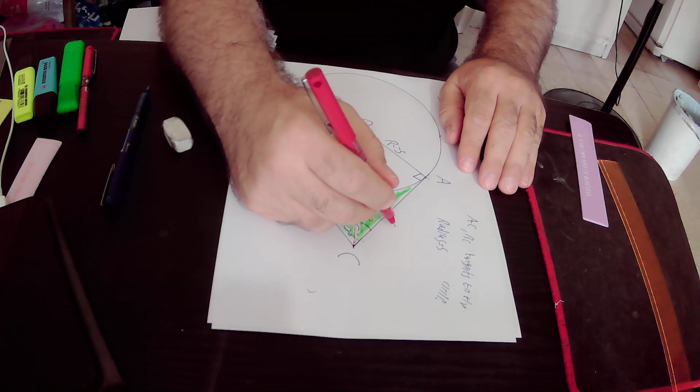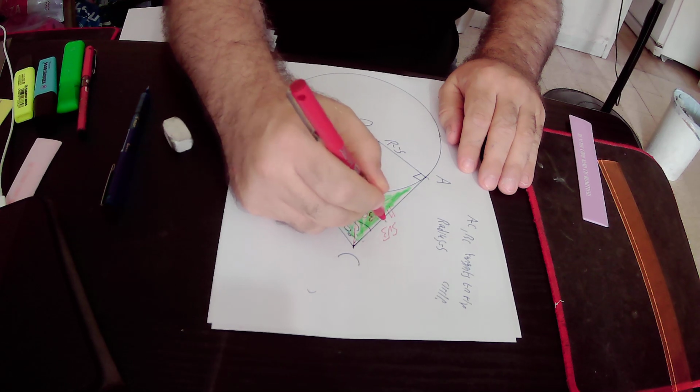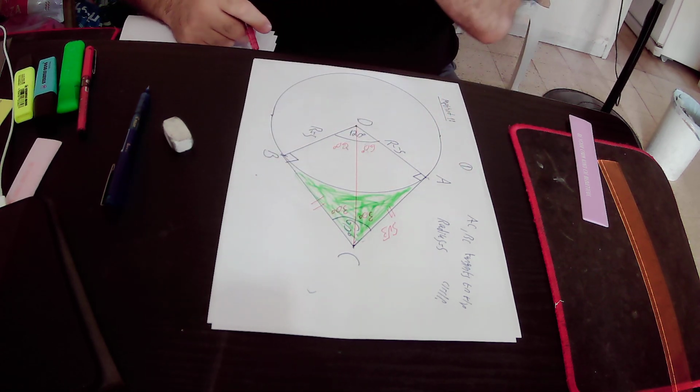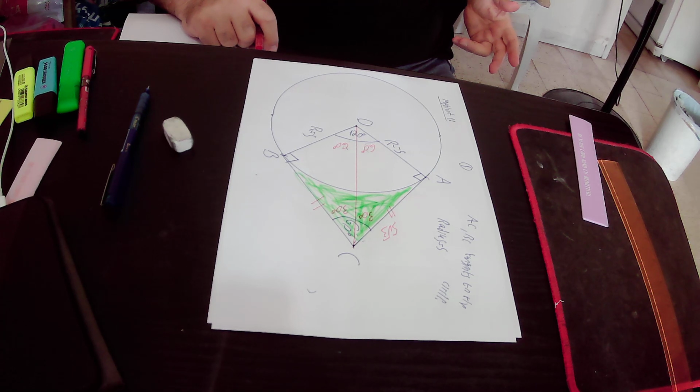So the value of AC is 5 times root 3. Actually, after we found out the value of AC, we can easily find the area of triangle ACO.